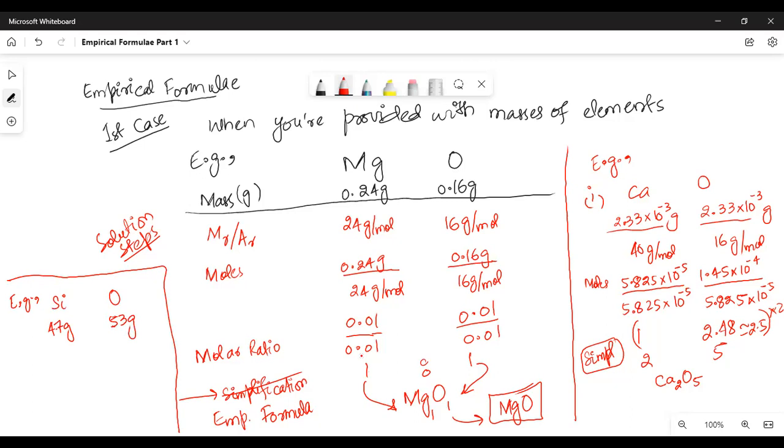There you go. Silicon, Si, 47 grams, oxygen, O, 53 grams. Go ahead, try solving this one. Again, when you're done, let me know. I'm here.